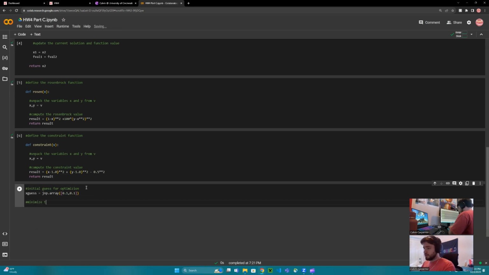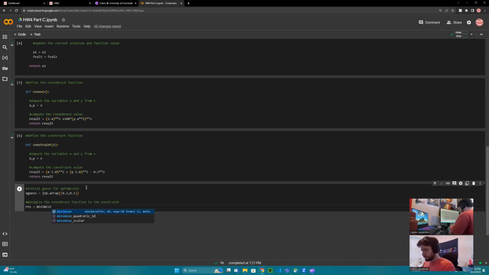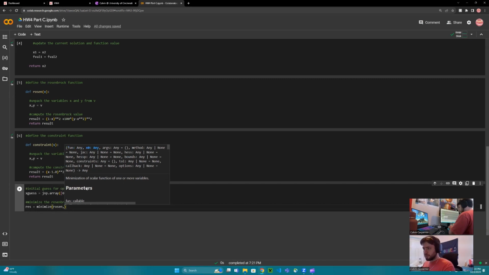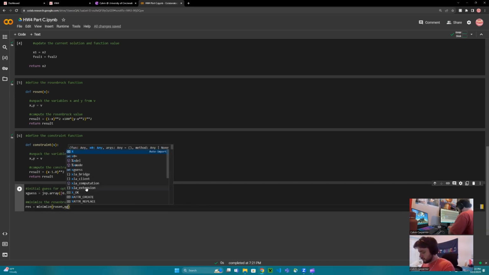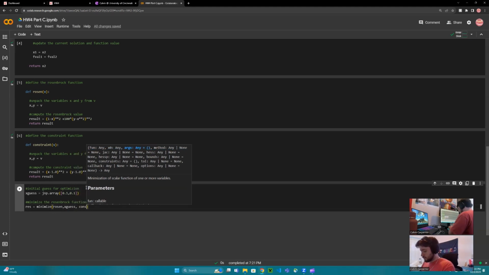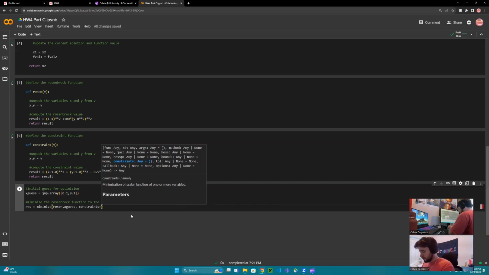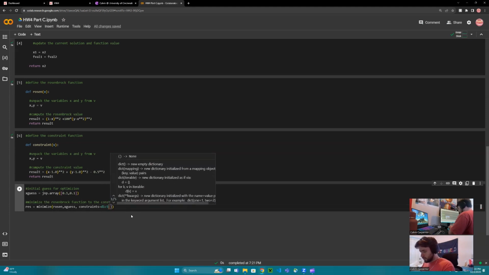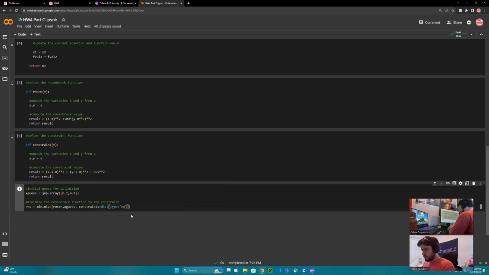We're going to minimize the Rosenbrock function subject to the constraint. res equals minimize, Rosen function, x guess, constraints is equal to constraint.